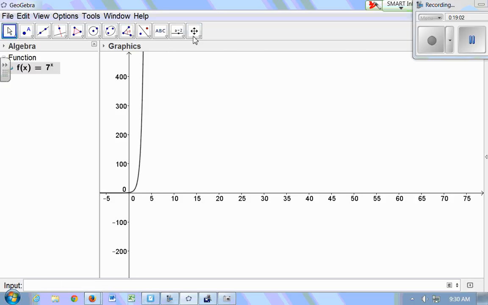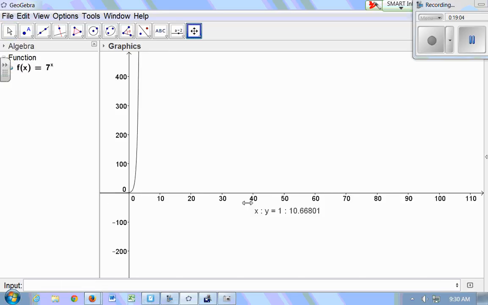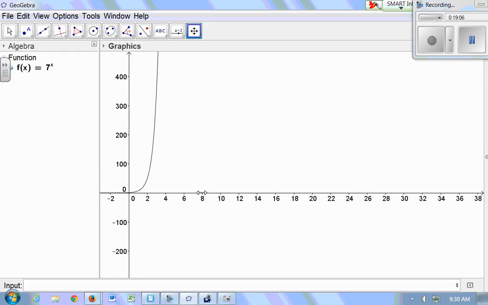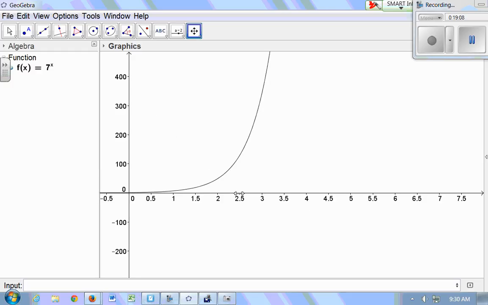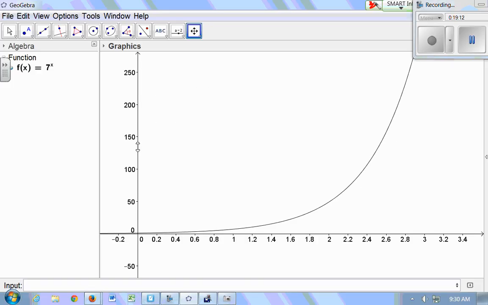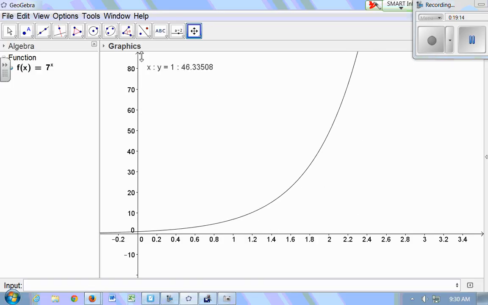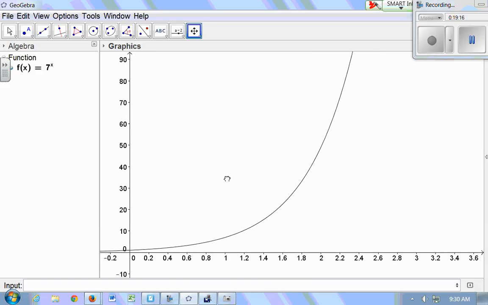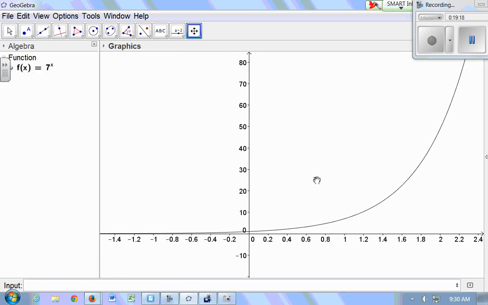And that's not a very good window, so I'll adjust this. All right, that's pretty good. And then I'll have my other function be g of x, and that'll equal 7 to the negative x.